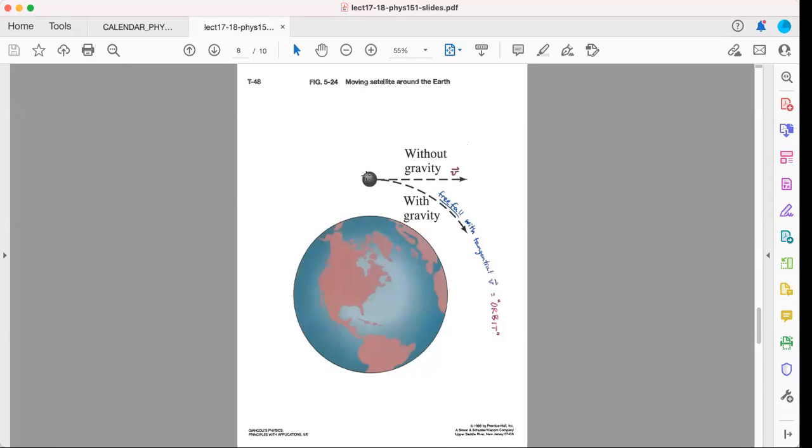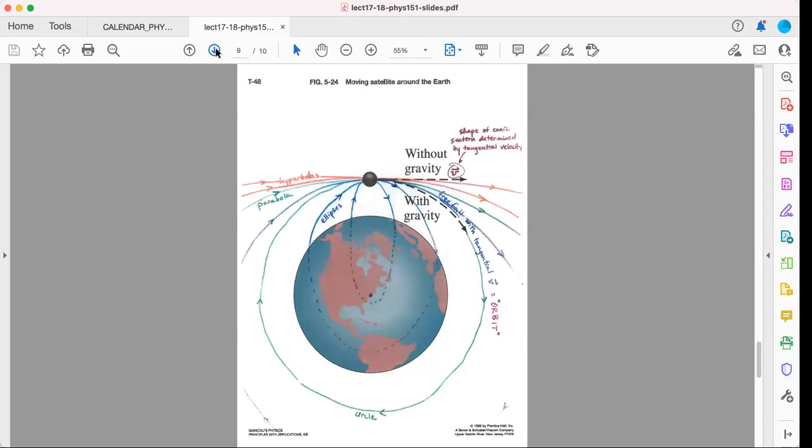While with gravity, we have an acceleration toward the center. And so with gravity, the velocity changes constantly in direction, and this is what makes the planet orbit around.